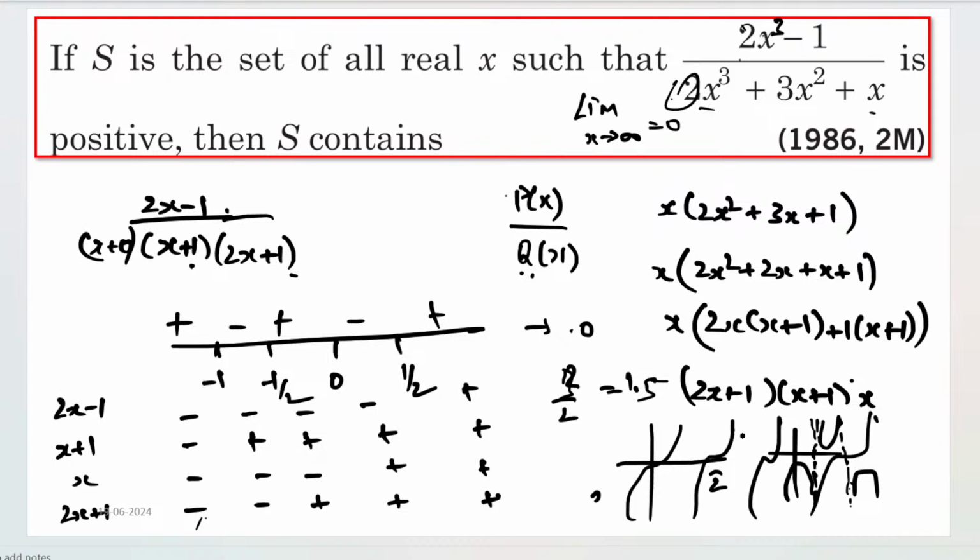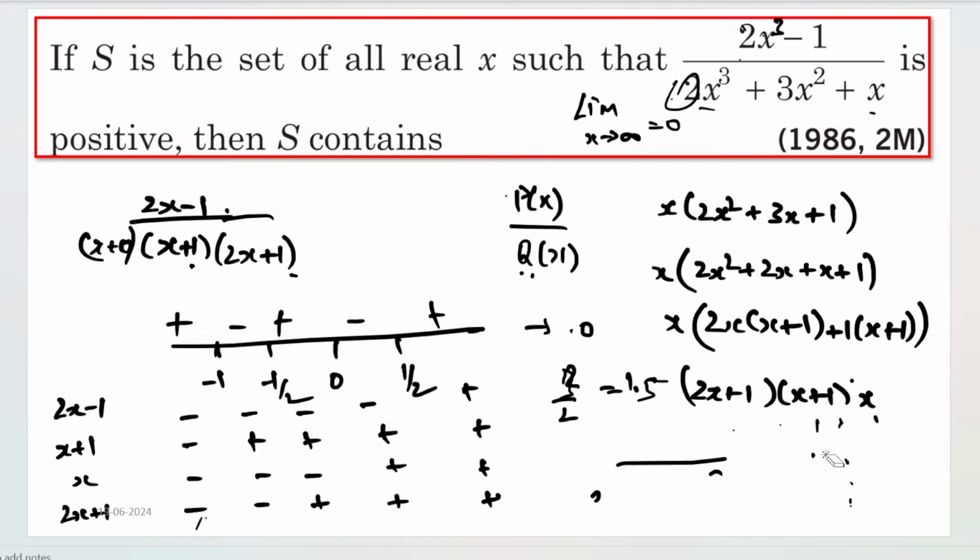How many horizontal asymptotes can you have? Just think. Infinite.